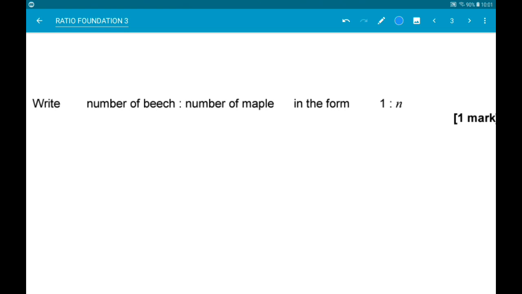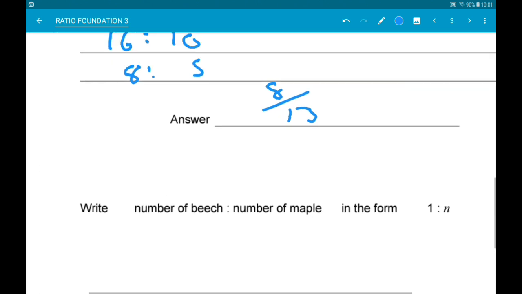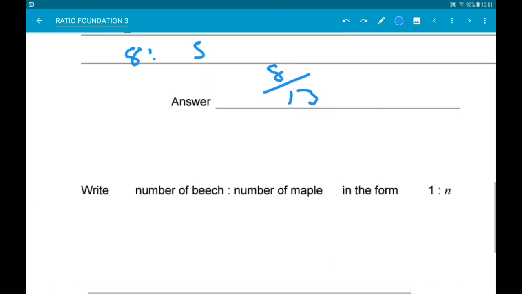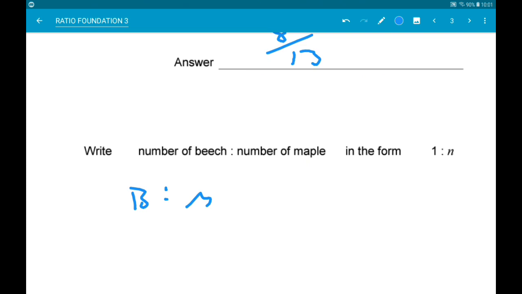Okay, next up, we want to write the number of beech to the number of maple in the form 1 to n. Okay, so we know beech to maple is 8 to 5.